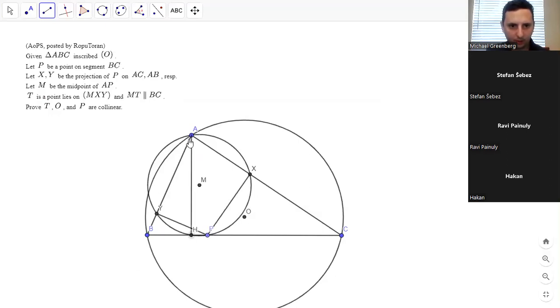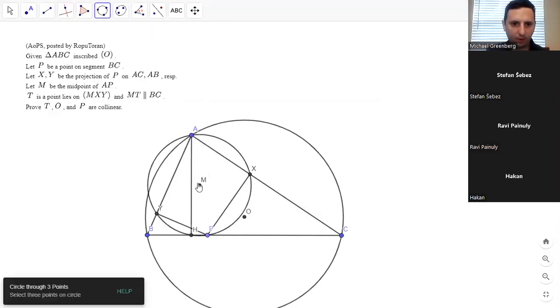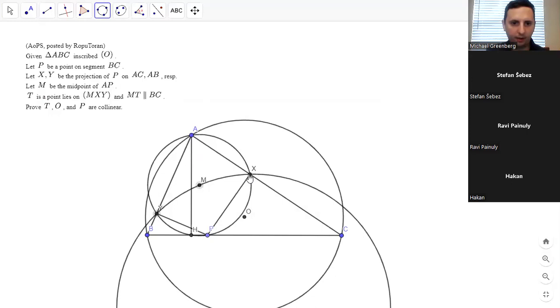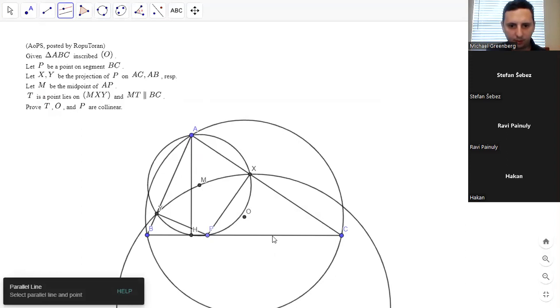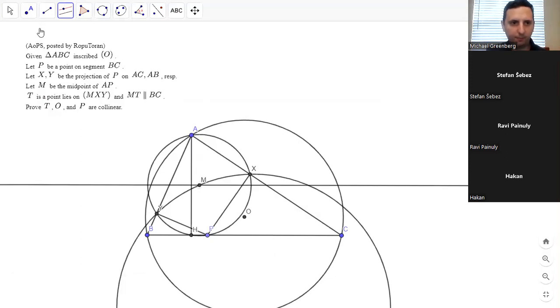Okay. And then we draw the circumcircle of MXY. So MX is equal to MY, so that might be helpful. MT is parallel to BC. Okay. And then we want to show that T, O, and P are collinear.